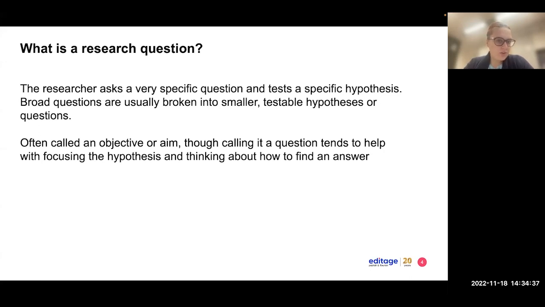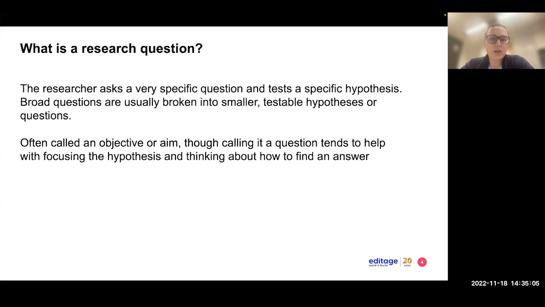So often research questions are a conglomerate of more than just one hypothesis, but they are connected together with common topics and themes. And if you have common topics and themes for that specific question, you are going towards an objective or aim of your research.